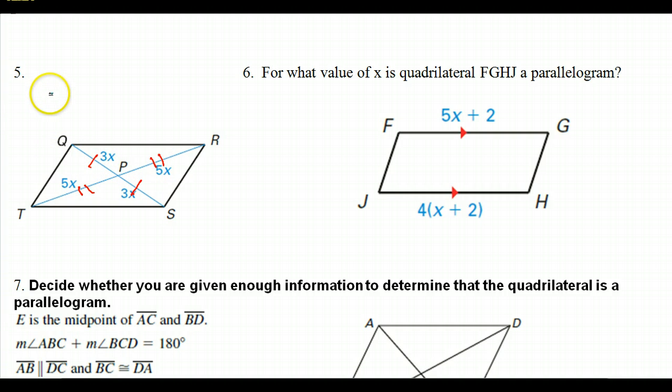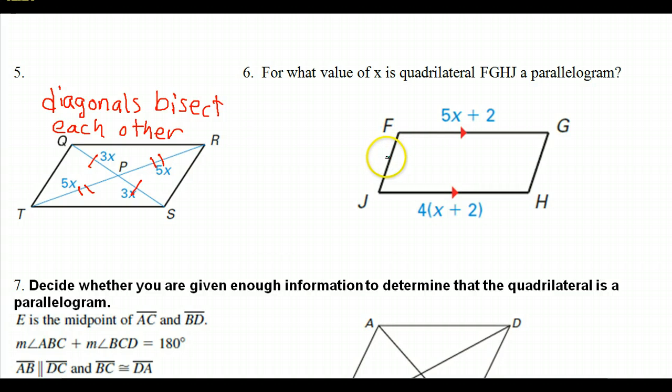So this is the one that we can prove is a parallelogram because diagonals bisect each other.